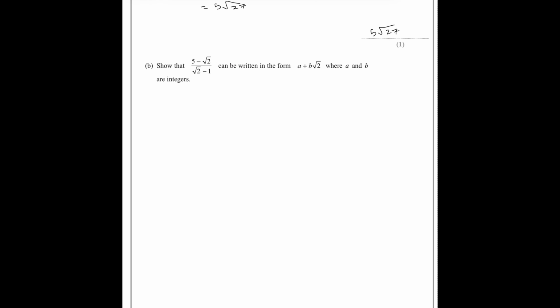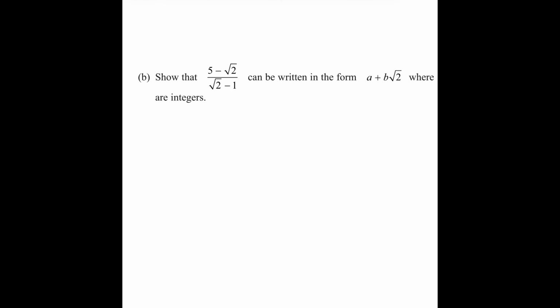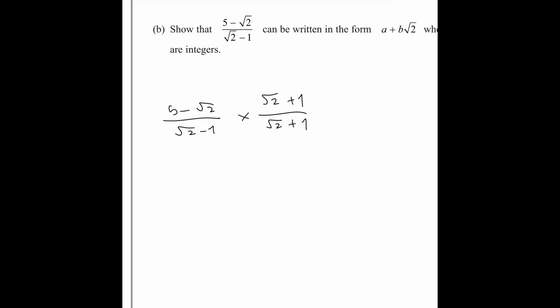And next question, we have to write that in the form of A plus B root 2. And the thing you have to do here is rationalize the denominator. So what you have to do is basically multiply all of this by the conjugate, and now notice it's like a difference of squares. Just leave the top as is.